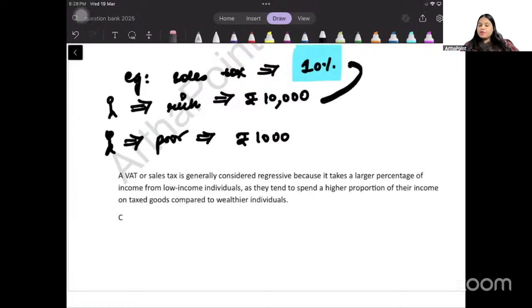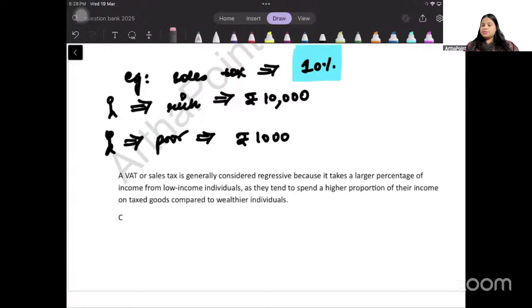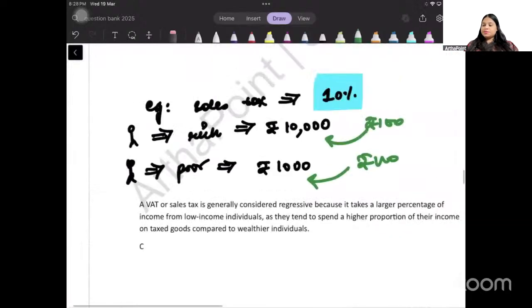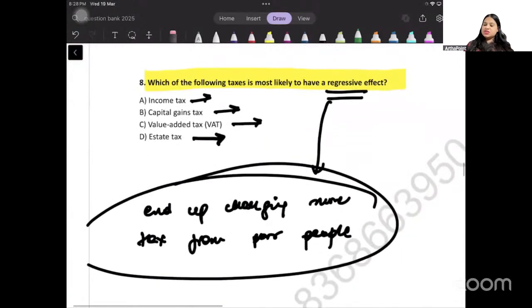So as a proportion of income, ये person he is paying less tax and this person ends up paying more tax. क्योंकि अगर दोनों ने सपोज 100 रुपीज टैक्स दिया, बट एज अ proportion of their income, this person he is paying less and he is paying more. तो माने एक तरीके से it is becoming regressive in nature. So this means that this is a regressive effect tax. Okay. Okay, good.